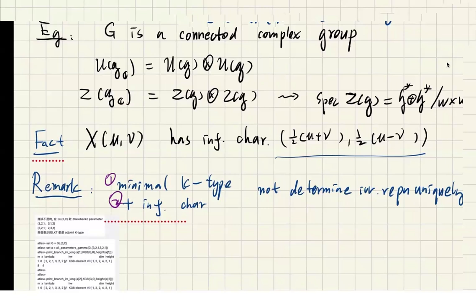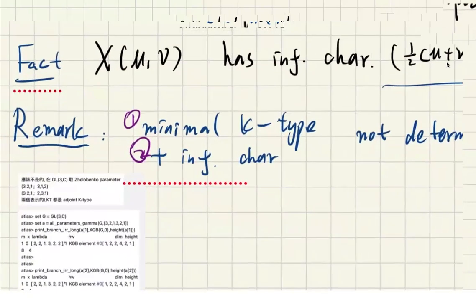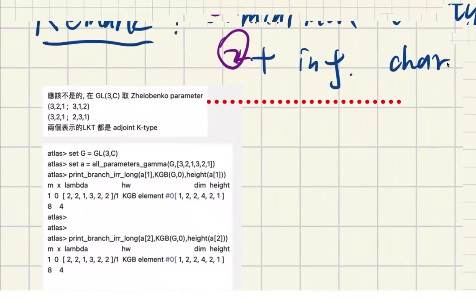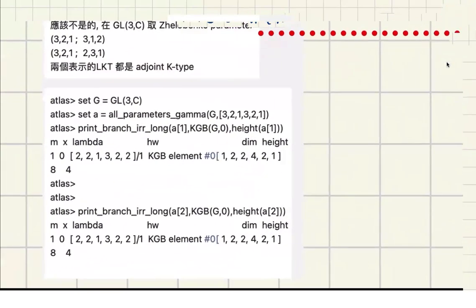Actually, last night I was thinking that this is true, but I asked Daniel Wang and he told me that it's not. So the typical example is GL3C. You can have two representations which have the same minimal K-type. So this is the Atlas code which shows that the minimal K-type of, I think, one representation is this one.